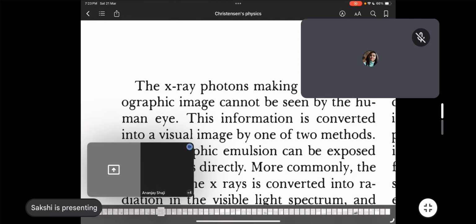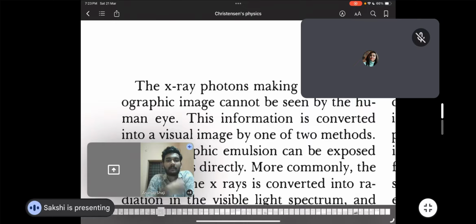They can store energy and they release the energy, and they are acted upon by light. So basically, the X-ray photons. What exactly are X-ray photons doing? They are making up the radiographic image, right?